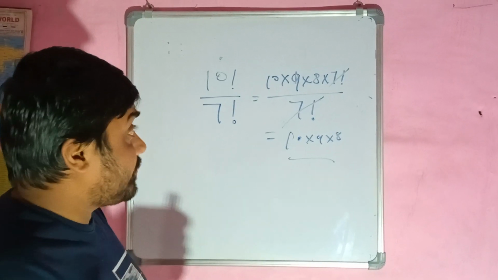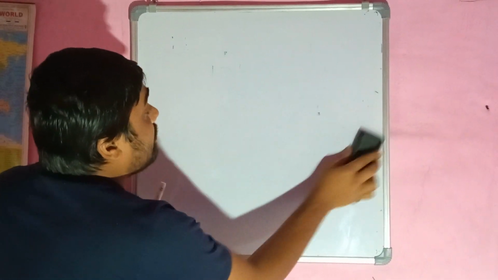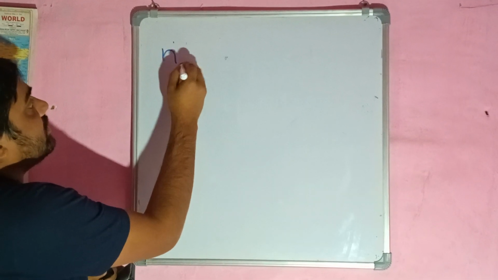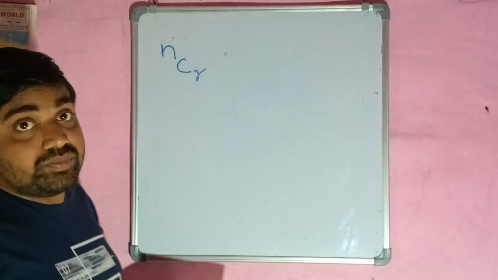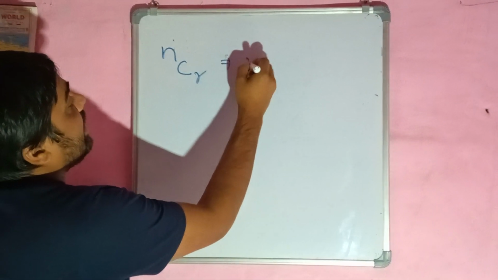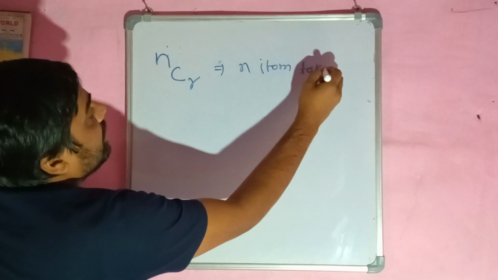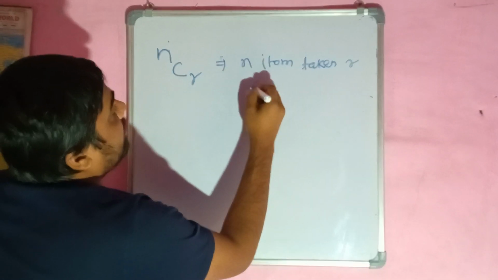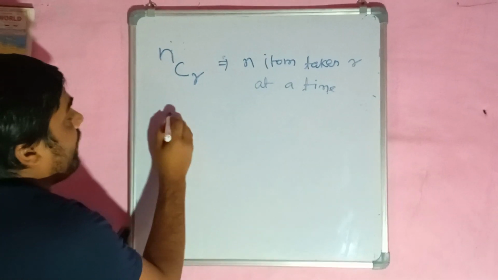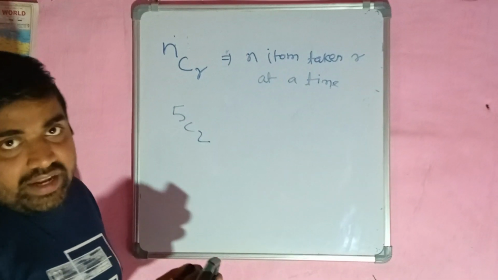Now I'm giving you a particular notation. You just see this one, nCr. What does it mean? nCr means n items taken r at a time. If I say 5C2, it means 5 items taken 2 at a time.